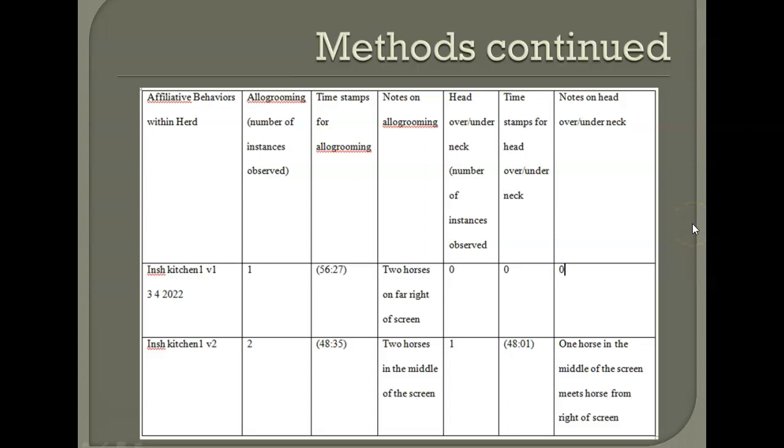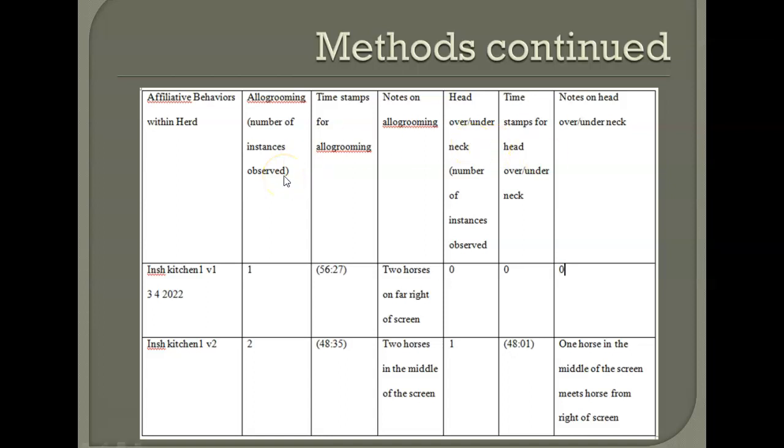Continuing on, when we're actually counting the number of behaviors, we are filling in this chart subsequently. The affiliative behaviors within the herd would be anywhere from neck scratches to nuzzling each other to interacting positively or negatively with any physical encounters.